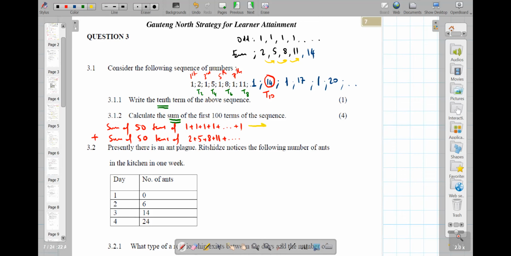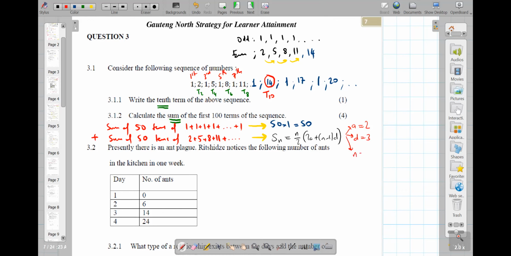Now, the first one is kind of easy. 50 terms of 1 gives us 50 times 1. Basically, it is 50. But now, for the 50 terms of the second sequence, I have to use the Sn formula, which is n over 2 times (2a plus (n minus 1)d). To be able to use this formula, I need to know my a, the first term, 2. What is my d, the difference, 3.